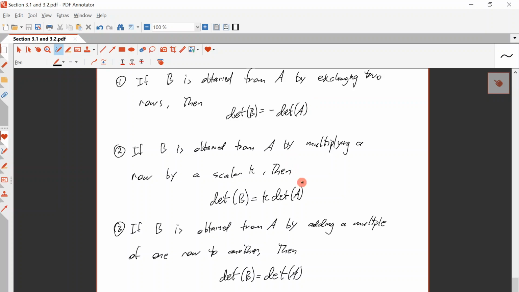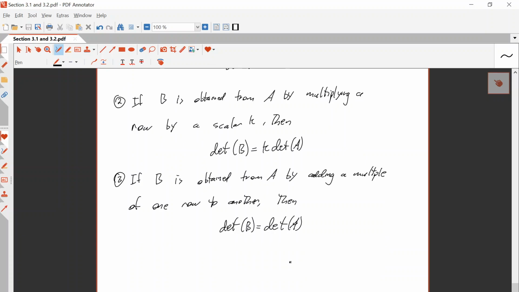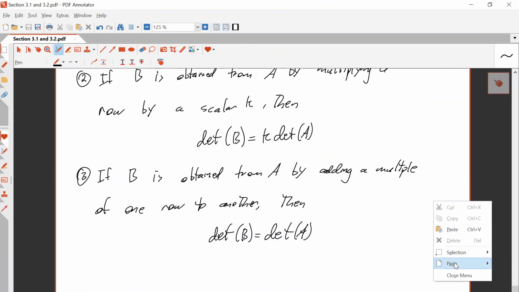Multiplying one row by a constant k multiplies that determinant by k, magnifies the determinant by k, or contracts that determinant by k. And then the main elementary operation of adding one row to another doesn't change the determinant at all. Okay, so let's prove this just for 3x3 matrices.